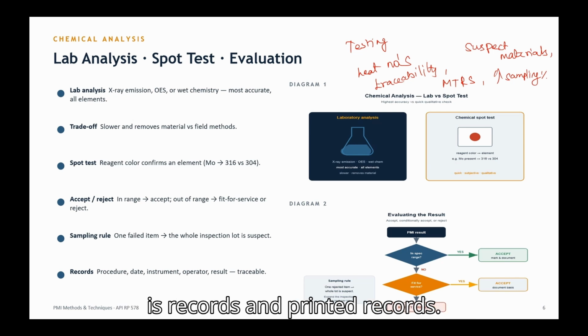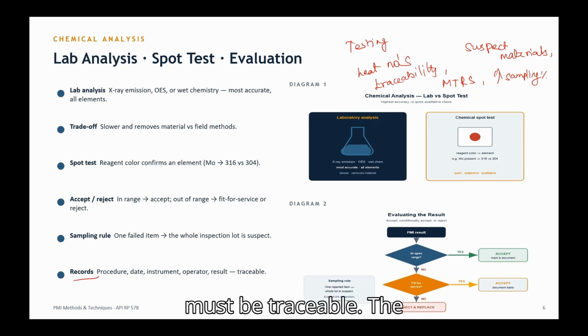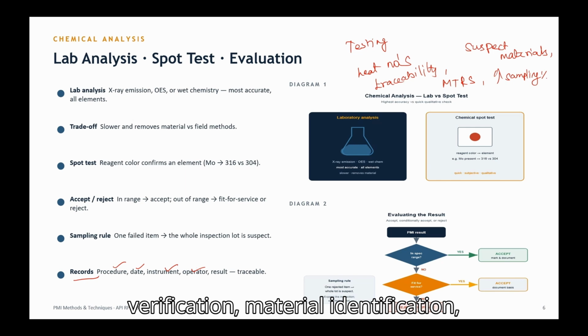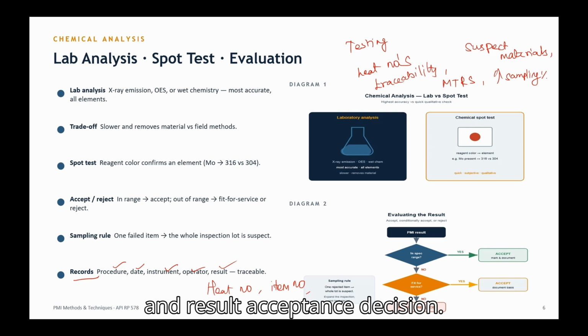And the last one is records and traceability. Every PMI or chemical analysis result must be traceable. The record should include the procedure used, date of testing, instrument or method used, calibration status, operator name, material identification, heat number or item number, test location, and result acceptance decision.